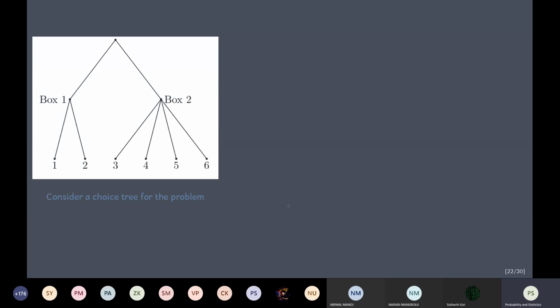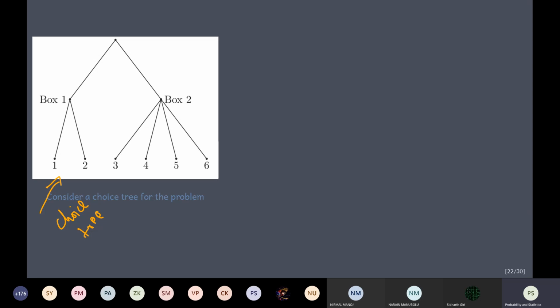So we can make a choice tree. This is an example where we describe a choice tree. Choice trees will show up more in more interesting applications later on, but these are the basic applications you can think of. Many probability experiments are like a sequence of steps that you do.